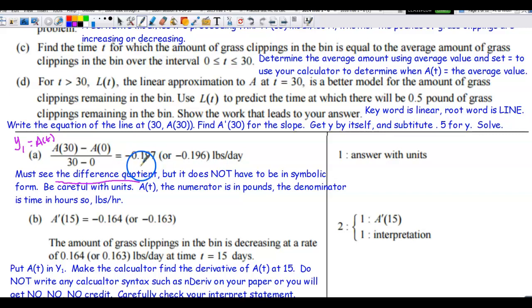I'll accept negative 0.197 or negative 0.196 because you can round or truncate your answers. To get that 1 point you also must have units, which in this case is pounds per day. Notice that A was the amount of pounds of grass clippings, and the denominator is time measured in days, so we get pounds per day for our unit.